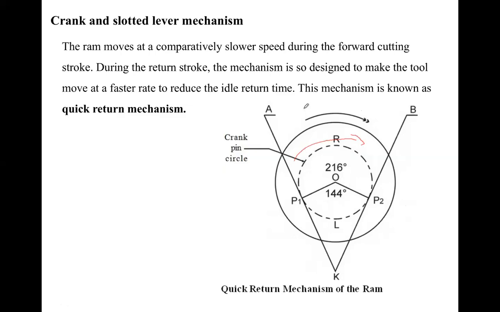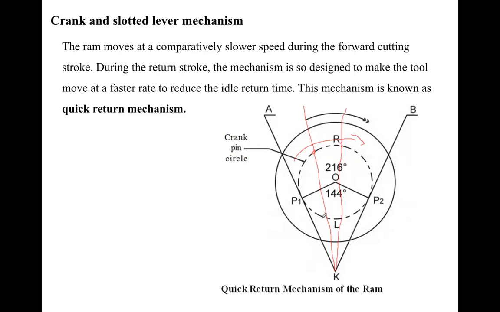For example, when it comes here, your slotted lever comes here, your slot is like this, and the slider moves in this slot, coming to this particular point. Similarly, when the slotted lever is at this other position, the slider comes to this point. So in the slot, your slider moves up and down.